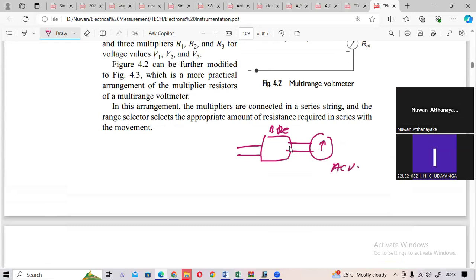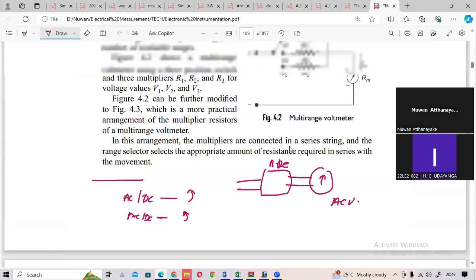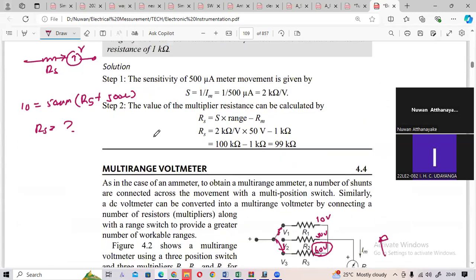So basically now you should understand how we can measure AC and DC current and AC and DC voltage using the Diasono setup, and how to improve them to multi-range level, a multi-range ammeter or multi-range voltmeter.